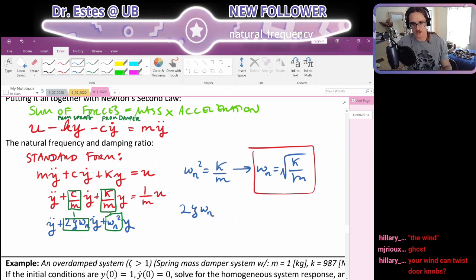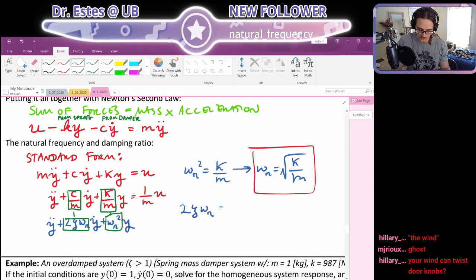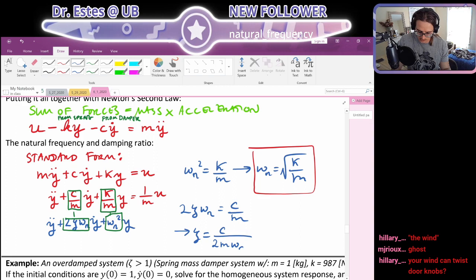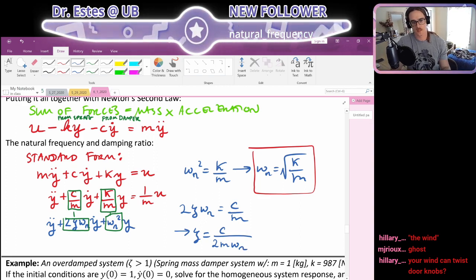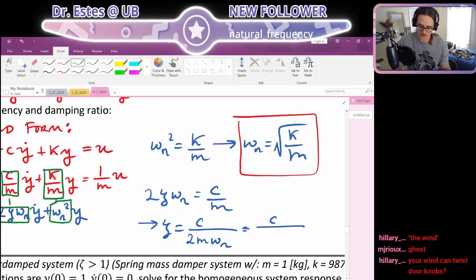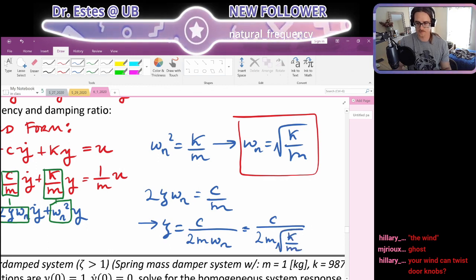Okay, 2 zeta omega n is equal to c over m. So the damping ratio is c over 2 times m times omega n. And we already solved for what omega n is up above, so I can substitute that in here. C over 2m square root of k over m.